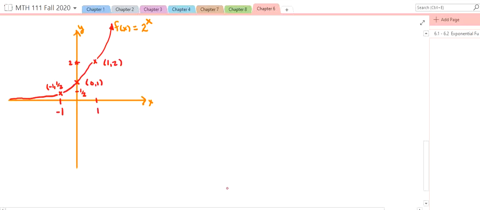Okay, so let's look at another function where we make a small change to this, and we look at f of x equals 2 raised to the minus x power.